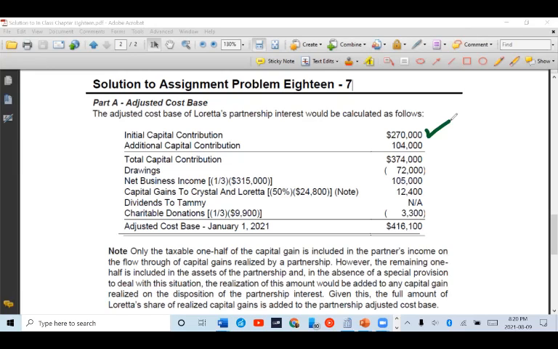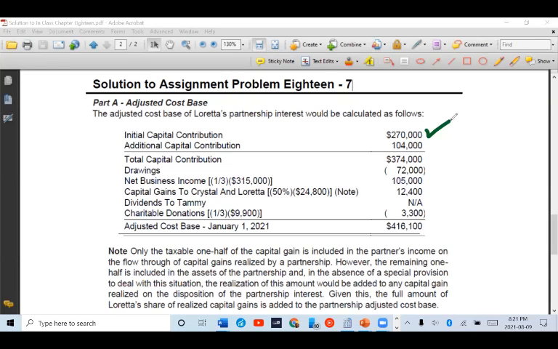All of the eligible dividends will be allocated to Tammy. So Tammy's getting the dividends, Crystal and Loretta are splitting the capital gains, and all three of them are going to share equally on that net business income, as well as charitable contributions.